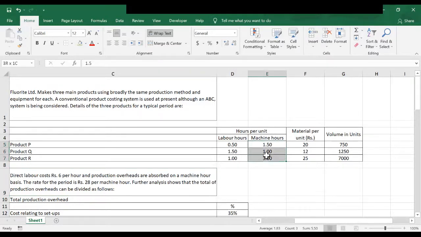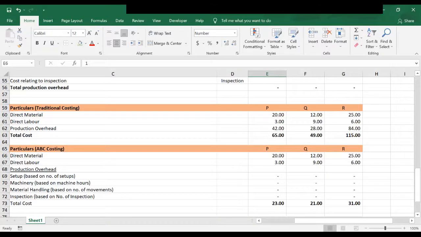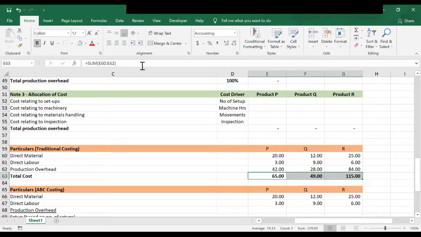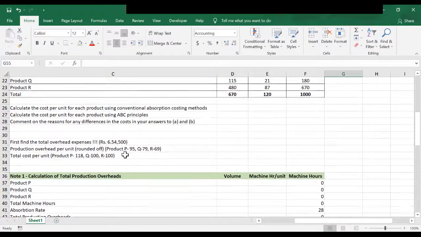So 1.5 machine hours per unit of P, 1 machine hour per unit of Q, and so on. We'll directly multiply 28 into 1.5, 28 into 1, 28 into 3. That's how you'll get the figures of 42, 28, 84, and if you add these up, you'll get these amounts. I hope this part is really simple, and you shouldn't be facing too much problem with this part, and you can see the answer is also telling.